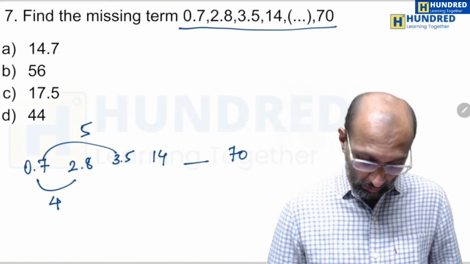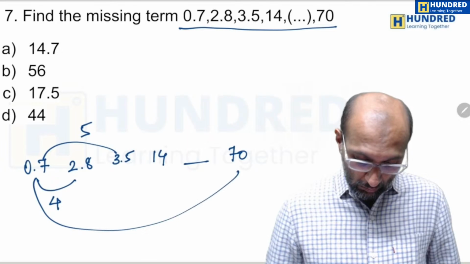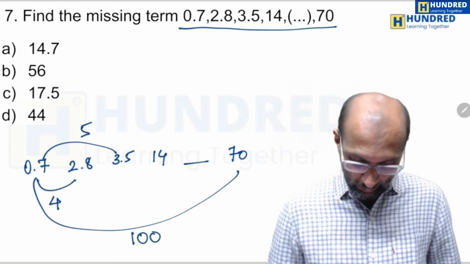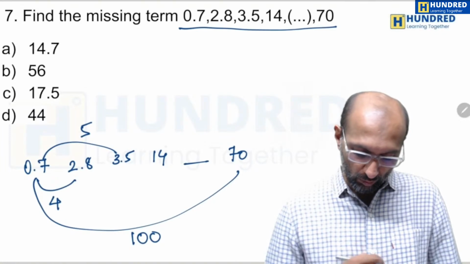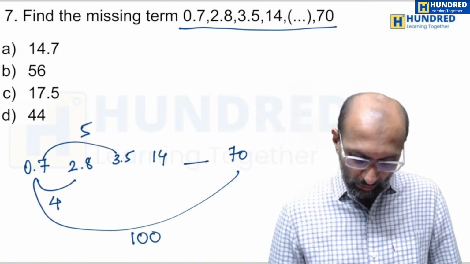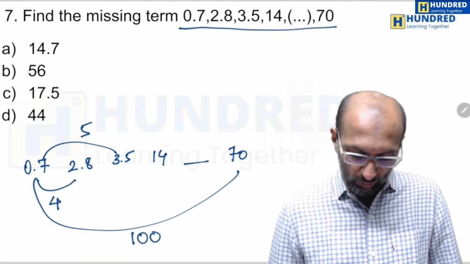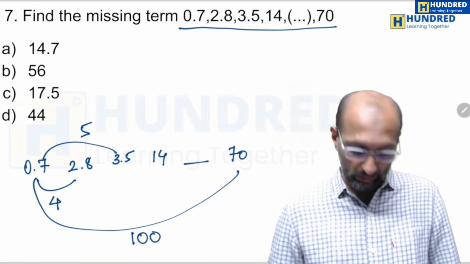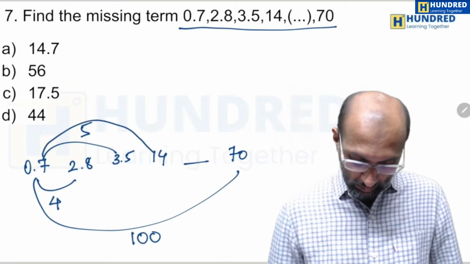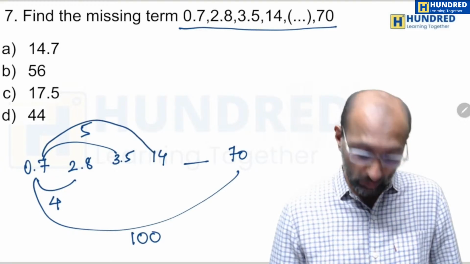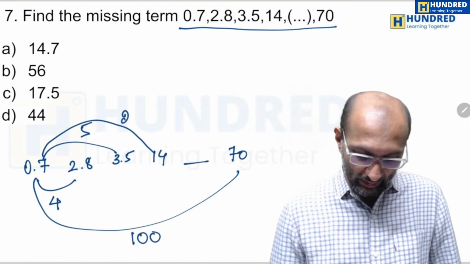Now into 100 is 70. So now look, what into x is 14, into 20, correct, is 14.